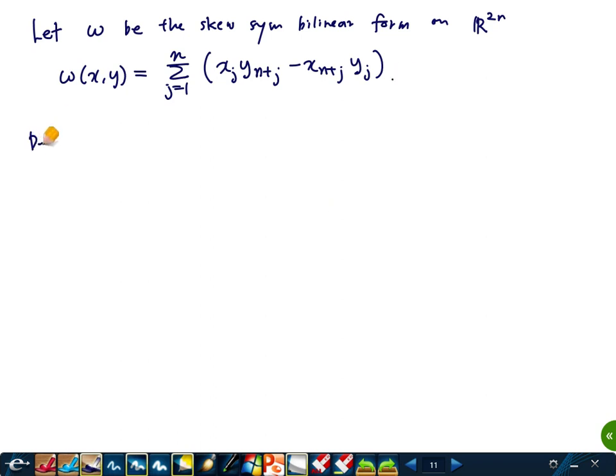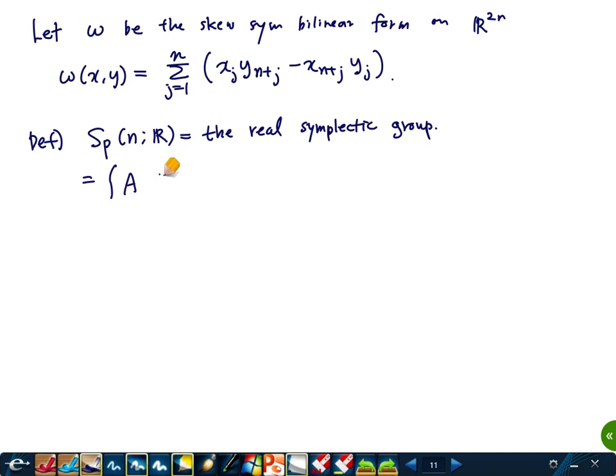And the definition: Sp(2n, R) is the real symplectic group. What's the definition? It's the set of 2n by 2n real matrices preserving this bilinear form.